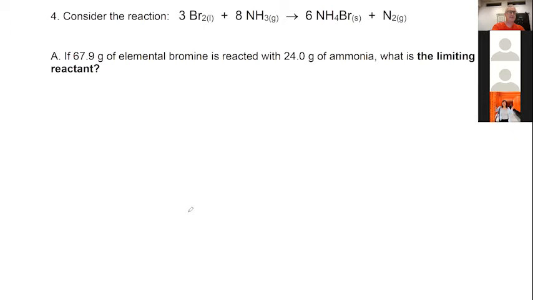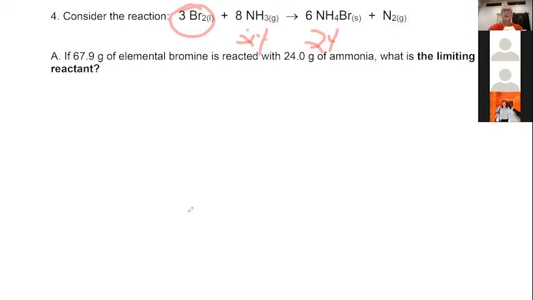What's the first thing we do for this sort of reaction? Make sure it's balanced. There's a lot of big numbers here. So bromine is balanced. We have 6 there, and 6 there. And hydrogen, I've got 24, and 6 times 4 is 24.